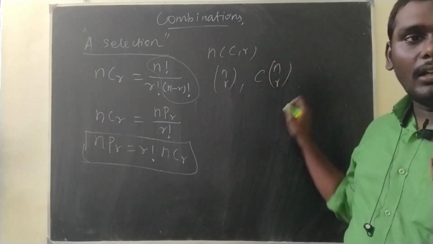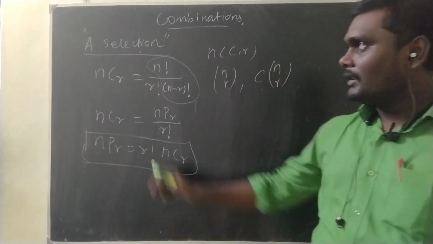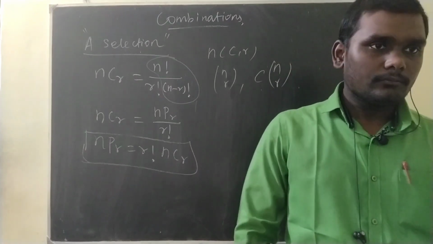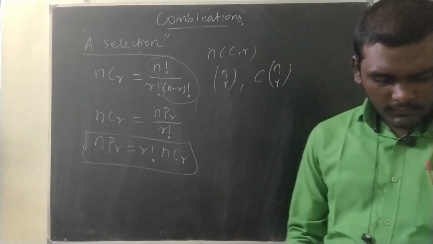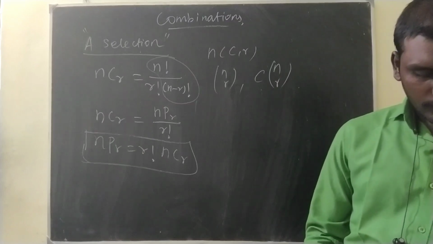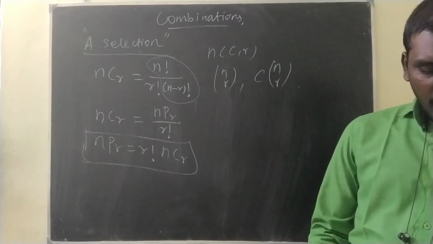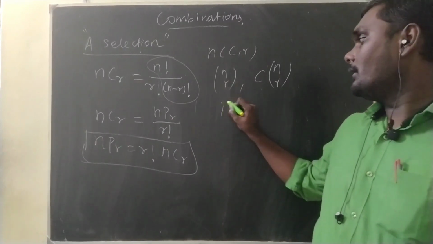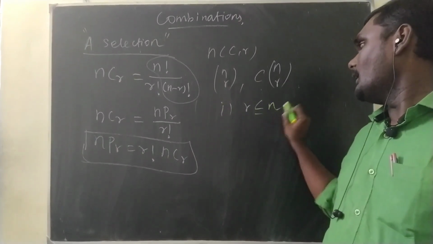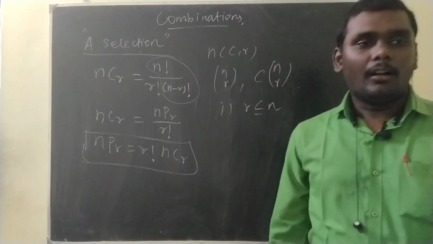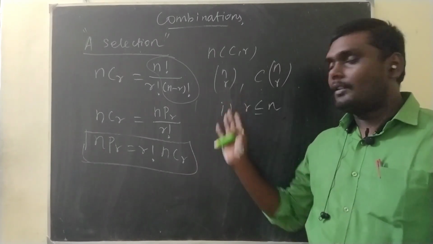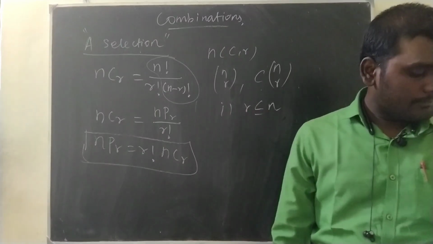If you mention any one of these, that is denoting this combination only. And look at the notes. This combination nCr exists only if r is less than or equal to n.